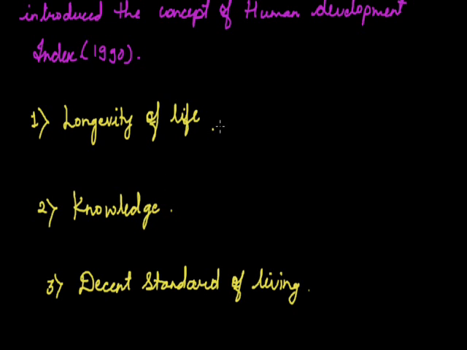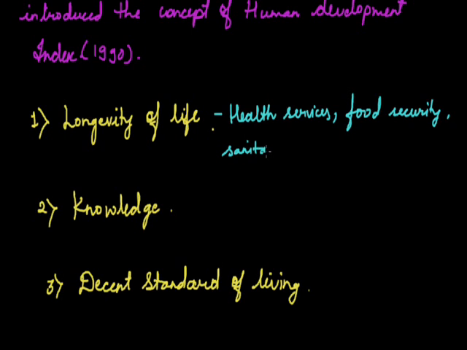longevity of life, this is the basic way to find out what kind of health services the country has, what kind of food security the people have, and what kind of basic sanitation and medical facilities the people get.